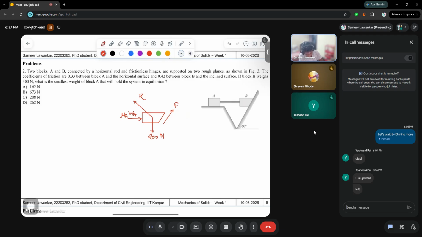So let's say if I resolve all the forces along the inclined plane, I shall write it here. Your force F is equal to mu times WA, that is the force coming from the block A, and the second is the weight.